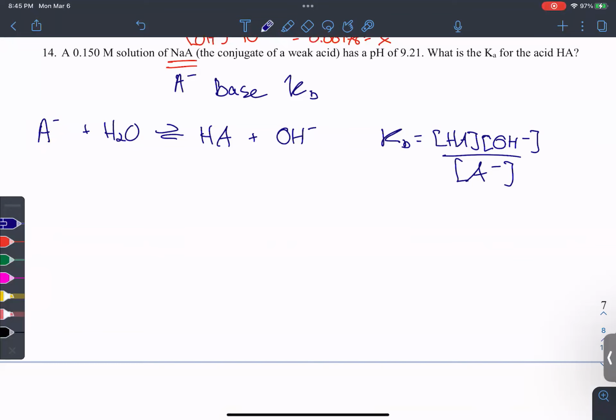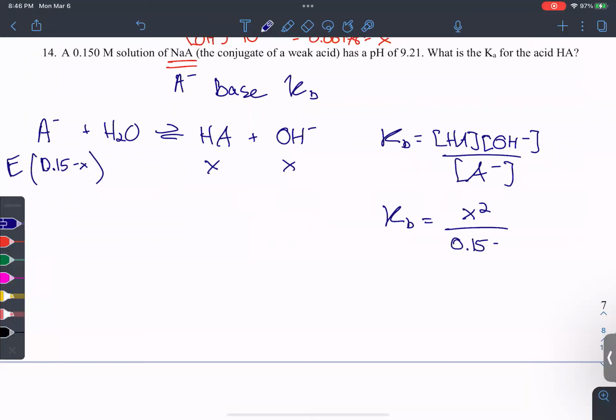At equilibrium, we've done the same calculation over and over. The concentration of A minus is going to be 0.15 minus X. The concentration of the two products are going to be X and X. So Kb equals X squared over 0.15 minus X. How do I get X?